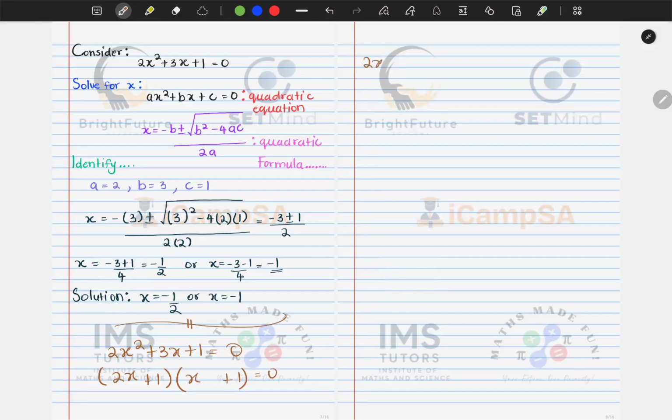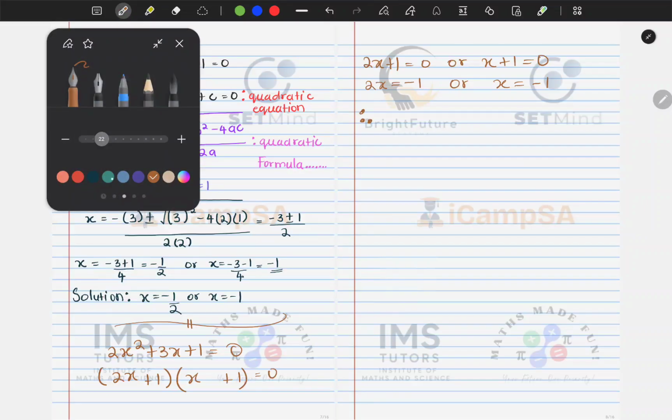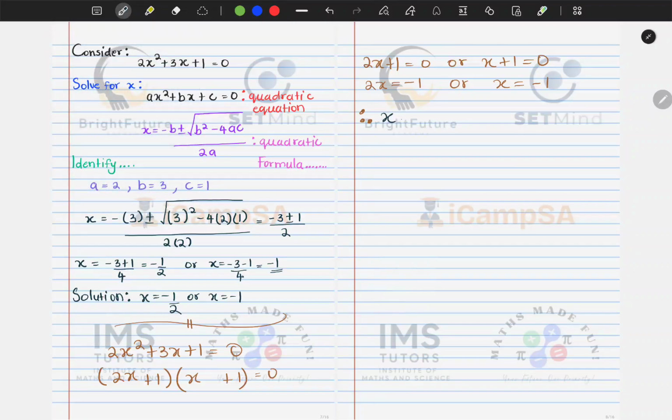So that becomes 2x plus 1 equals 0, or x plus 1 equals 0, of which when you solve, you'll have 2x equals negative 1 or x equals negative 1. So therefore, when you divide by 2 for this problem, our x will just become negative 1 over 2, or the other one will be negative 1.